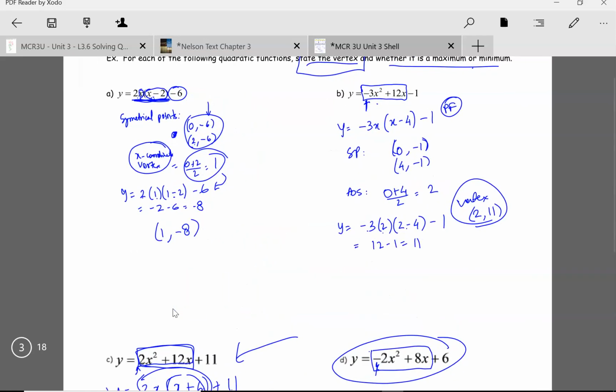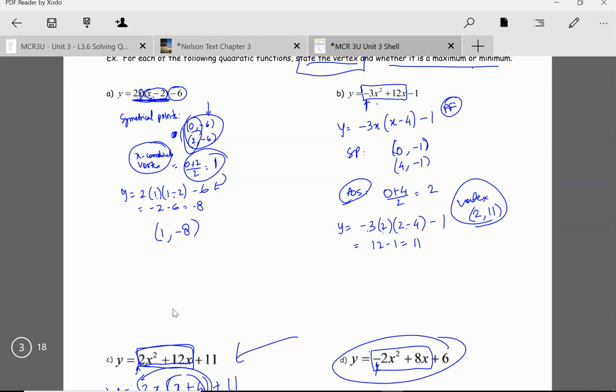With partial factoring and finding symmetrical points, you take the average of the x values and you get the x coordinate of the vertex, or your axis of symmetry, and then you substitute that value into the equation of the parabola, and you get your vertex.